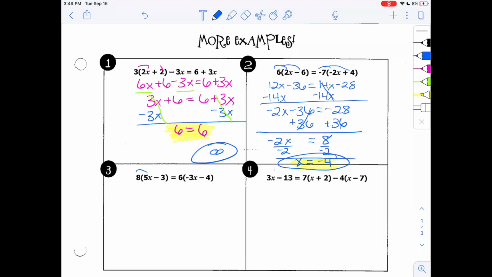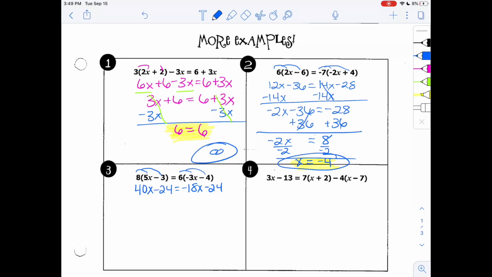On number 3, we want to distribute the 8 to everything inside the parentheses and the 6 to everything inside the parentheses. This will result in 40x minus 24 equals negative 18x minus 24.